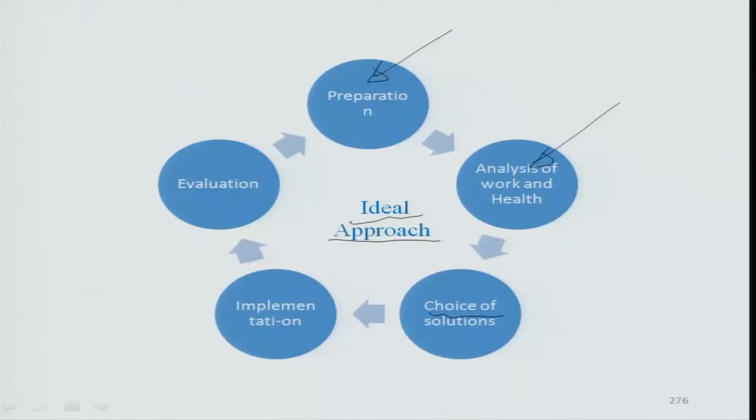And then those solutions which come out, because we wanted to avoid the health risks, in order to do the work redesign need to be implemented, and after implementation some evaluation needs to be carried out to see whether there is an efficacy of what has been implemented.